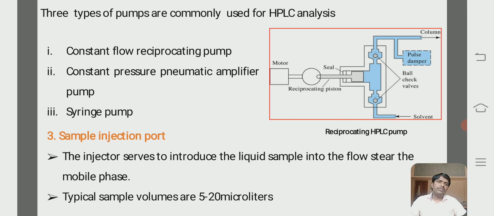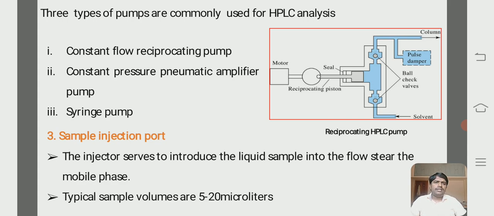We commonly have three types of pumps in HPLC analysis. One is the constant flow reciprocating pump, the second is the constant pressure pneumatic amplifier pump, and the third is the syringe pump. This diagram represents the reciprocating HPLC pump.